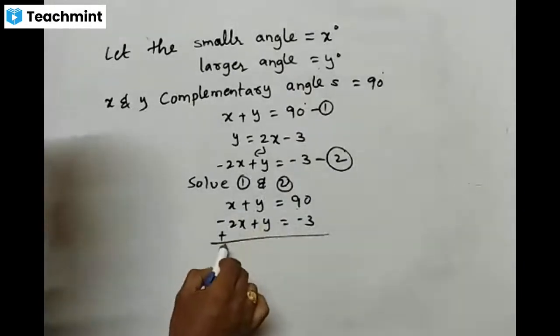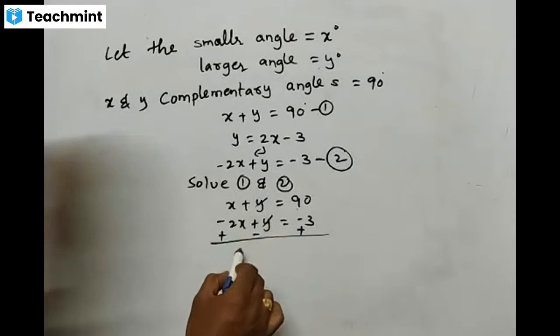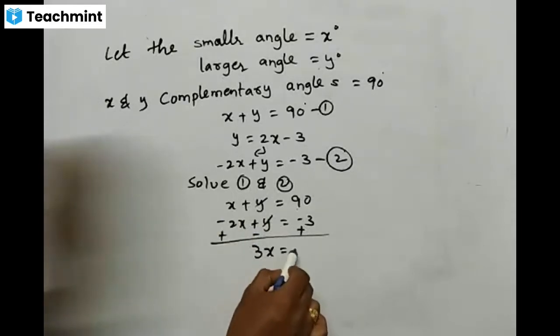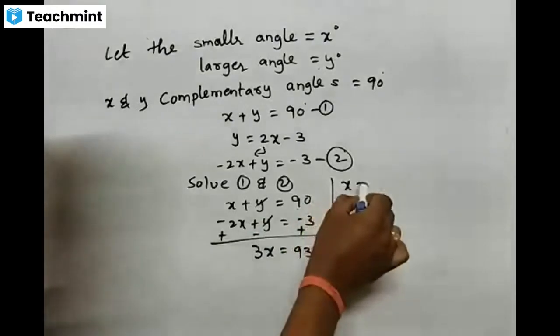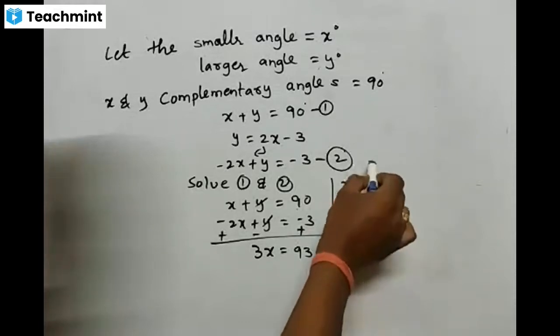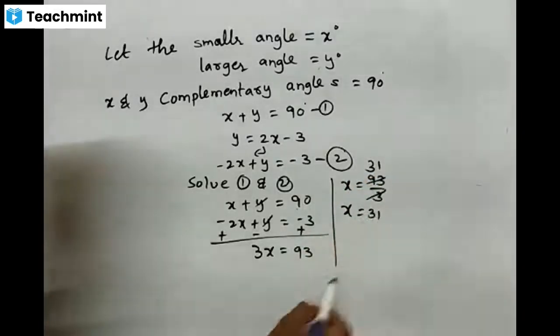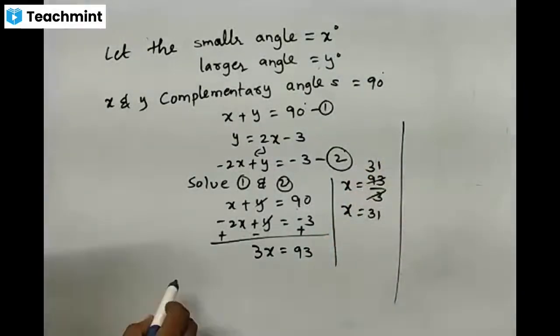Now we subtract, y cancels here. Here it is 3x is equal to 93. X is 31 degrees. Now calculate the y value. Substitute and calculate.